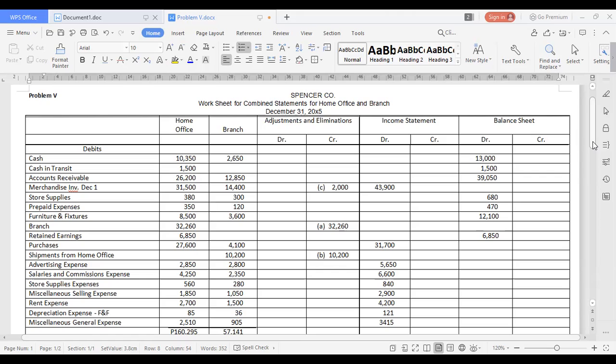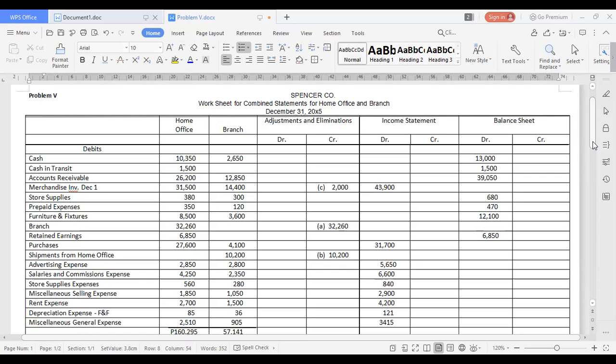In the books of the branch, among the debits, miscellaneous general expense initially had a debit balance of 700. Then we deduct 120, and 120 is your prepaid expense in the books of the branch.